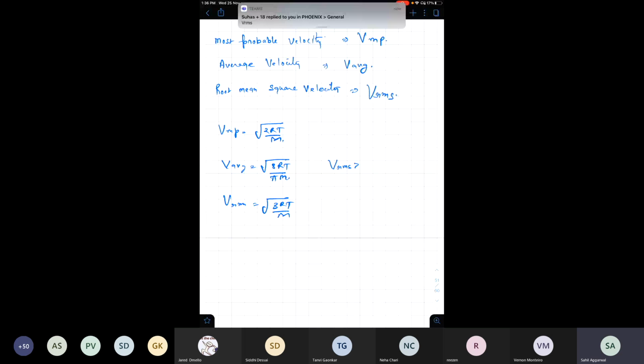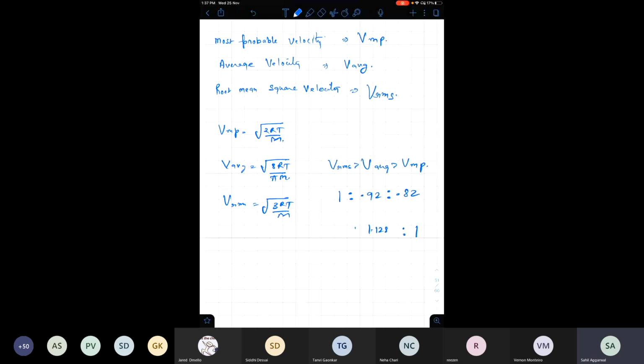If this is 1, this is 0.92 and this is 0.82. If this is 1, then this is 1.128 and this is 1.224.